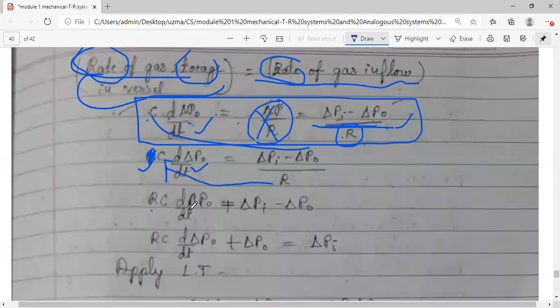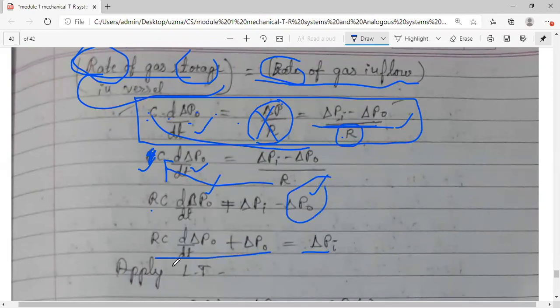So it is RC d by dt of delta P naught is equal to delta PI minus delta P naught. Talk in terms of delta because delta indicates that change, increase. And then two terms have P naught, so collectively keep them in one place. So I'm taking that second term to the LHS.